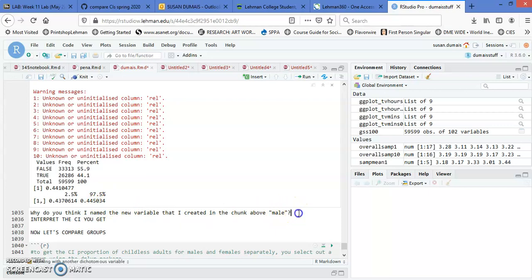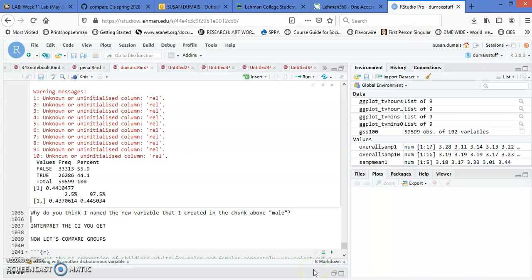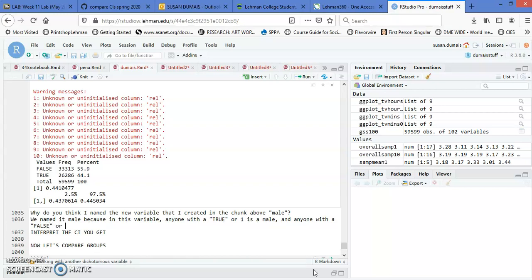Okay, so first question, why do you think I named the new variable that I created in the chunk above male? I'm going to say we named it male because in this variable, anyone with a true or 1 is a male, and anyone with a false or 0 is a female.